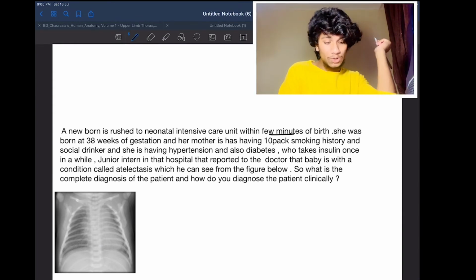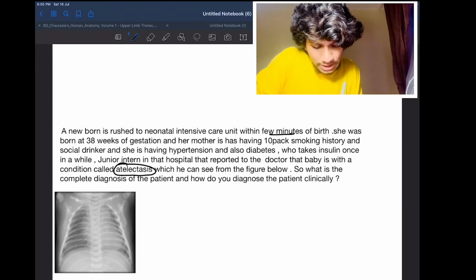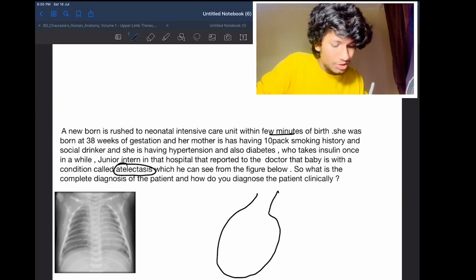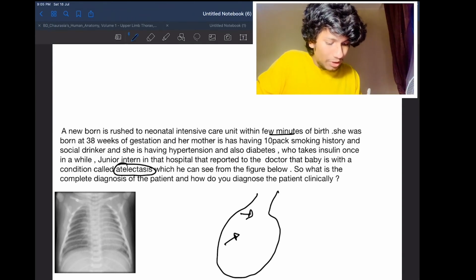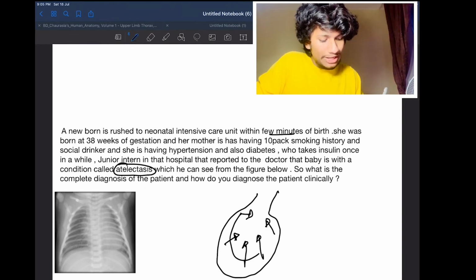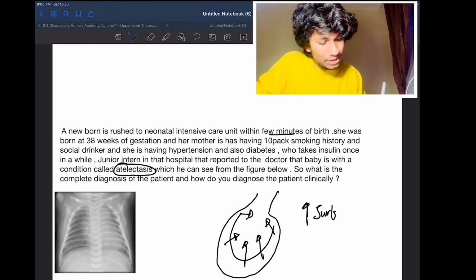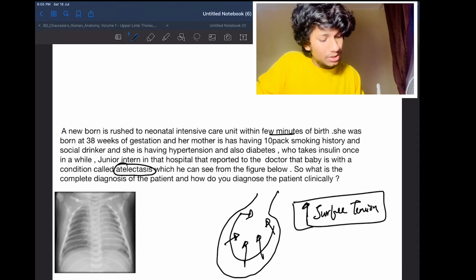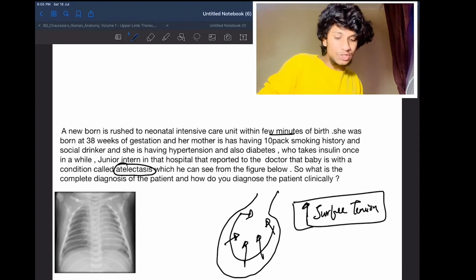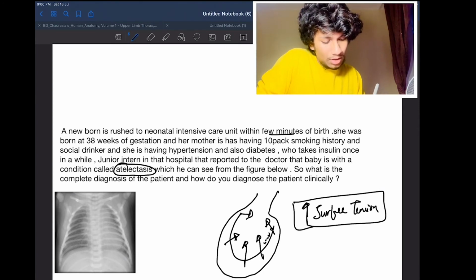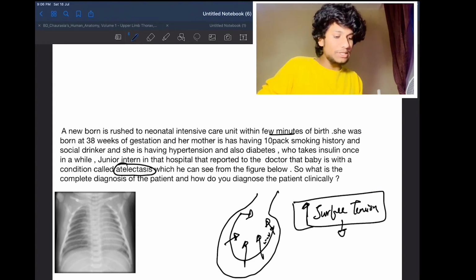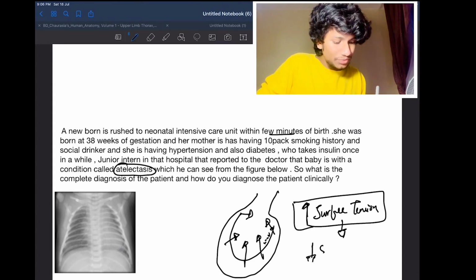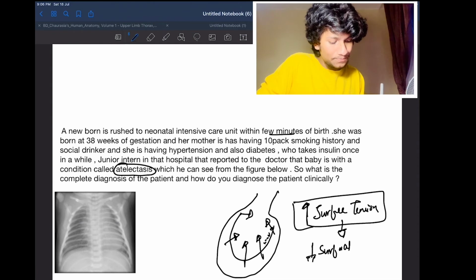So firstly, let's see what atelectasis is. Atelectasis, as I mentioned in the question before, is the collapsing nature of alveoli. This collapsing nature of alveoli is due to the increase in the surface tension, and this surface tension increase is due to a decrease in the surfactant.